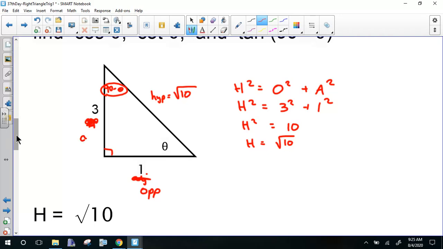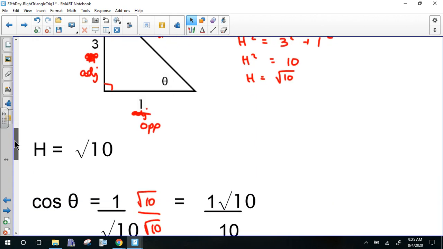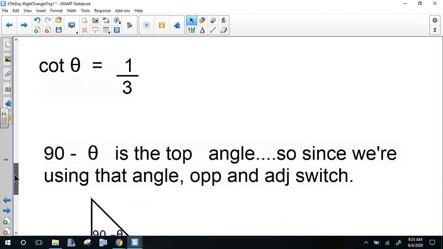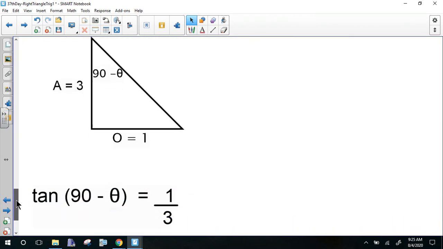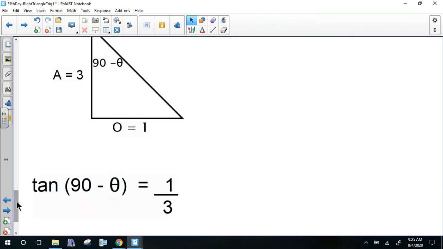This one becomes adjacent. Hypotenuse stays the same. Okay, so we're like that now. So the tangent of that angle is opposite divided by adjacent, and it's 1/3.